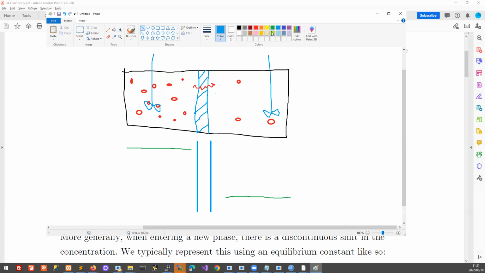So what will happen is, near the interface, we will have A diffusing to the other cell. So we'll get a certain drop at the interface. And then we'll have a certain other drop across the membrane itself. So there'll be a certain change of concentration in the membrane.